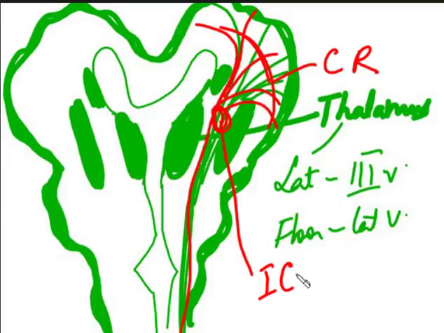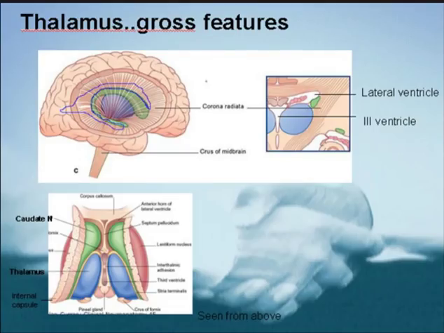So this same thing I'm going to show now in the PowerPoint, and it says in your notes, so you can see this if you look at the thalamus, this is the medial part of the thalamus, this area is the lateral part of the thalamus, and this lateral part of the thalamus is related, as you can see, to the internal capsule.